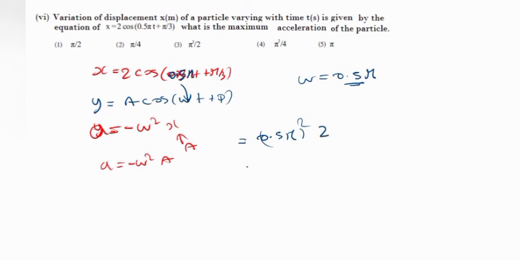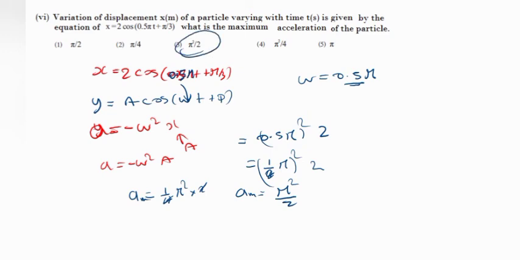You may write it this way: 0.5 is 1 over 2, so 1 over 4 pi squared, times 2. Now 2 and 4 cancel off. So a max is going to be pi squared over 2. The answer is this exact one.